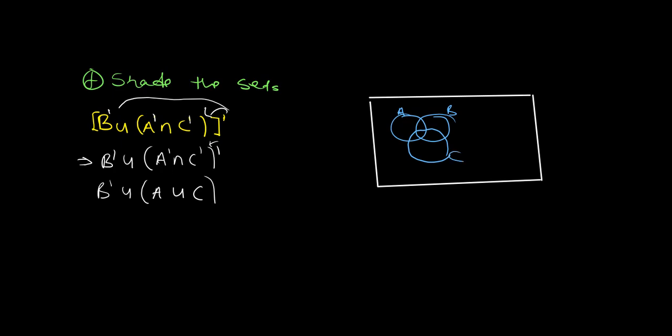So now we are told to shade these sets. So how do we shade now? How do we shade? So we are going to get this part first. You get this part first.